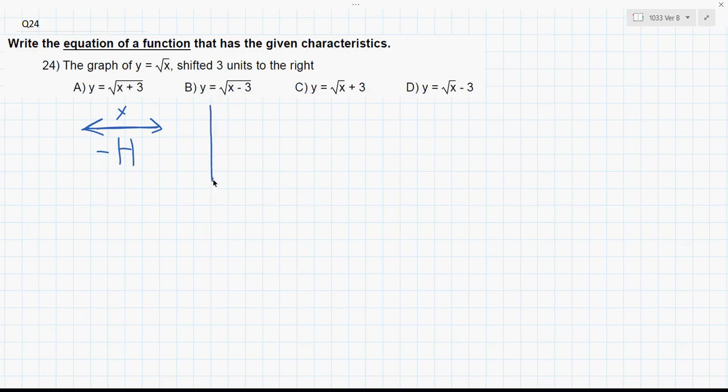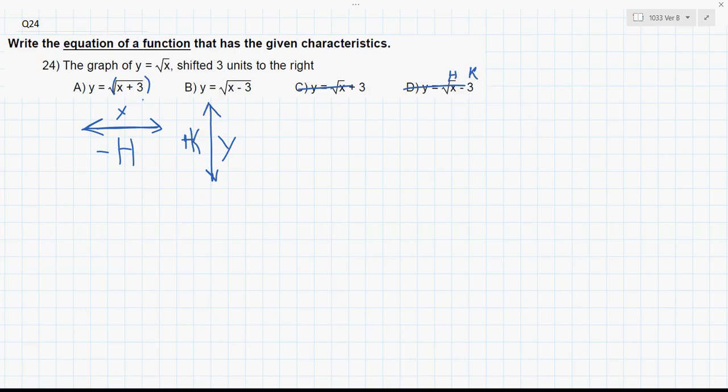And if we're dealing with up and down values, we will deal with k, and k is positively linked to the y value. So we're not dealing with any up or down shifts here, but we are dealing with shifts left and right. And treated the same way, we have to put that inside of the parentheses, not outside. This would be an h non-existing and a k being a negative 3. So that won't work for our problem already.